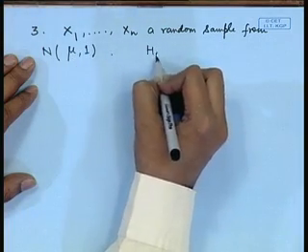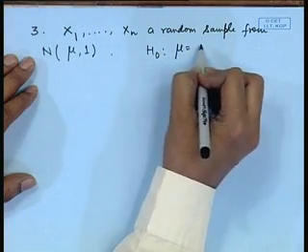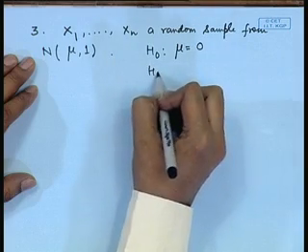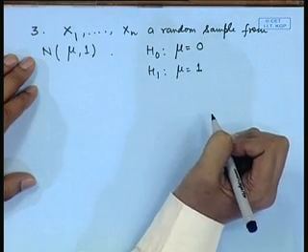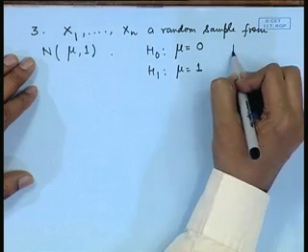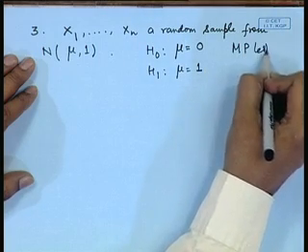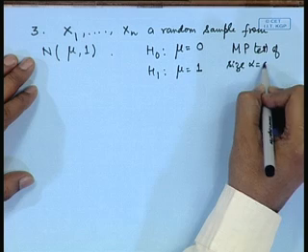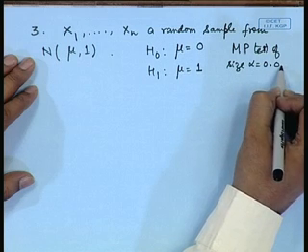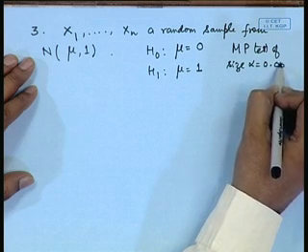We want to test the hypothesis say μ is equal to 0 against say μ is equal to 1. We want the most powerful test of a certain size, say α is equal to 0.05 say.